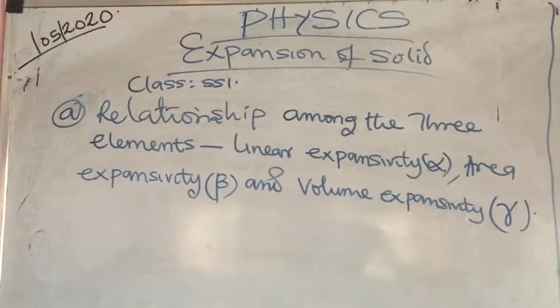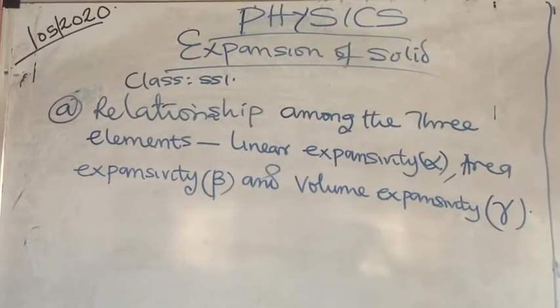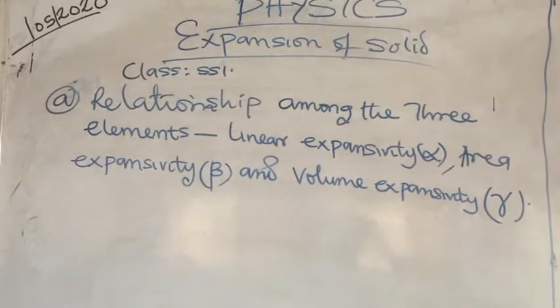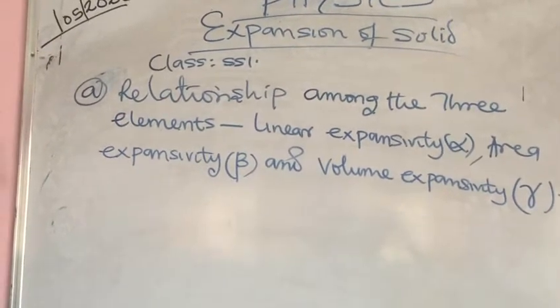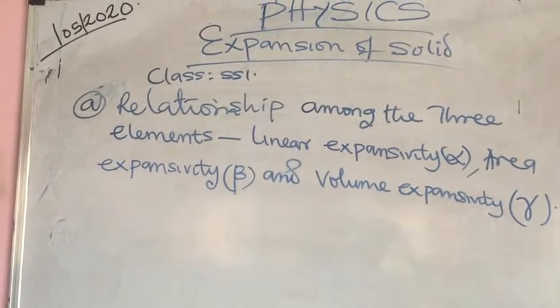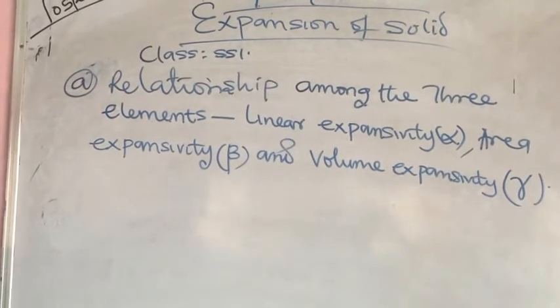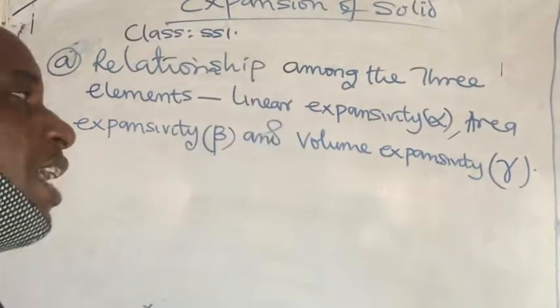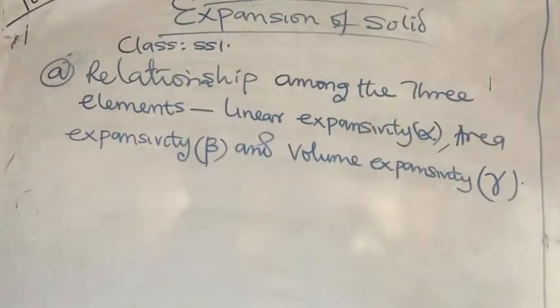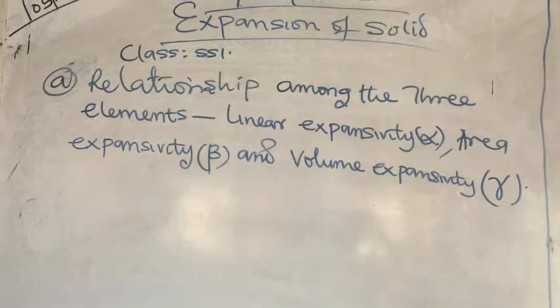We know that solids have length, breadth, and thickness. If the expansion of a solid is only along the length, that is called linear expansivity, alpha, as the symbol.